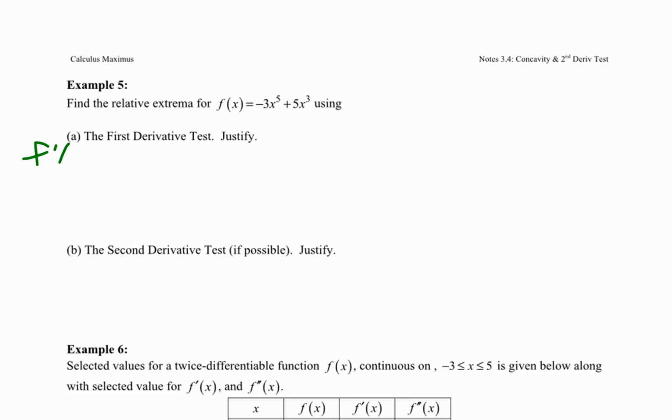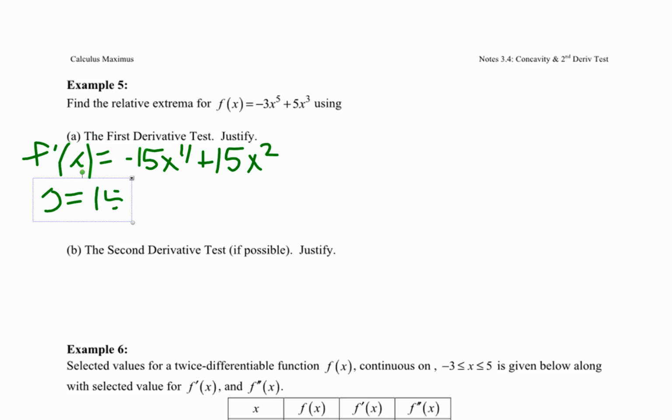So f prime of x equals negative 15x to the fourth plus 15x squared. If we set that equal to 0, let's factor out 15x squared. So we'd get negative x squared plus 1. All right, so our numbers that we're going to check, we have 0.